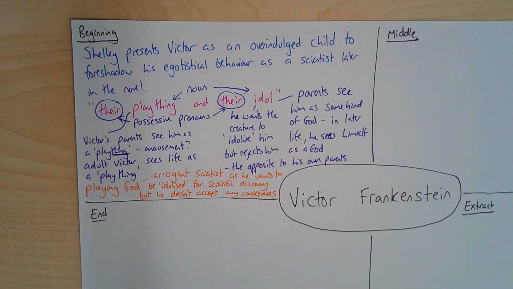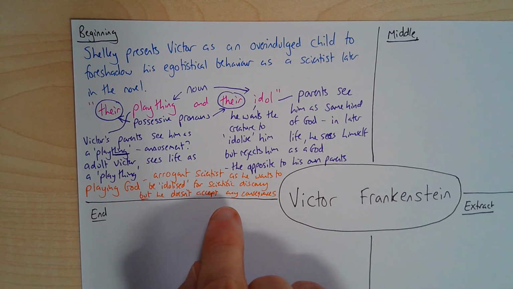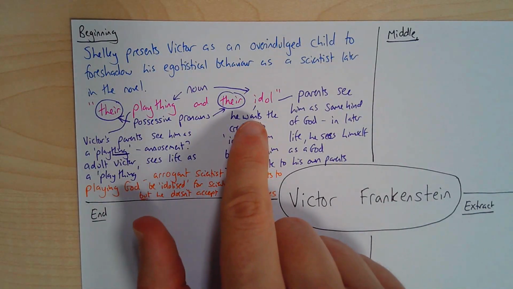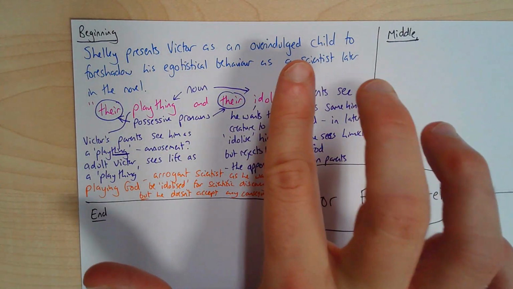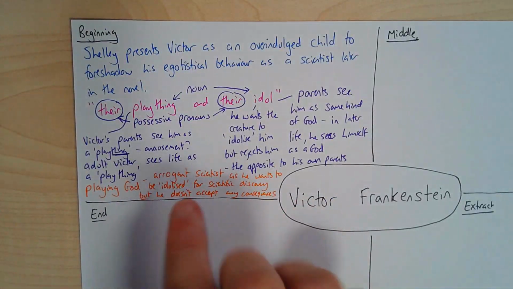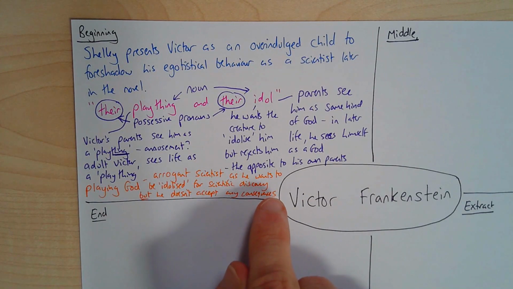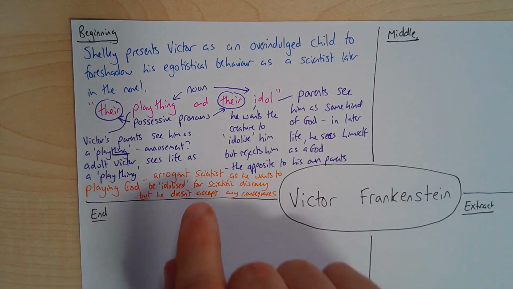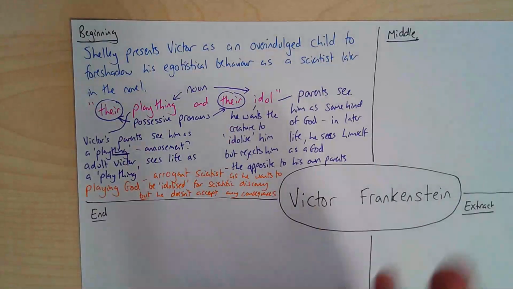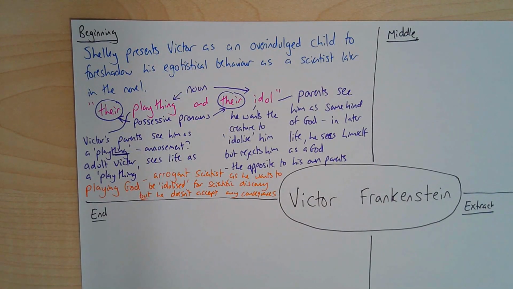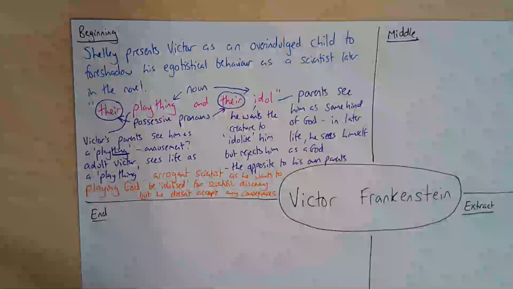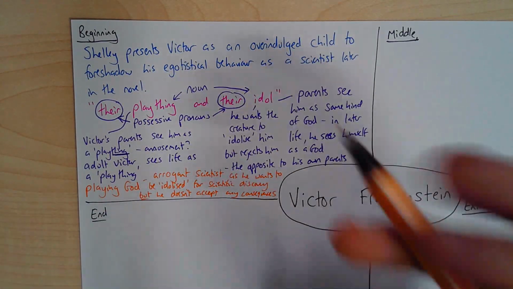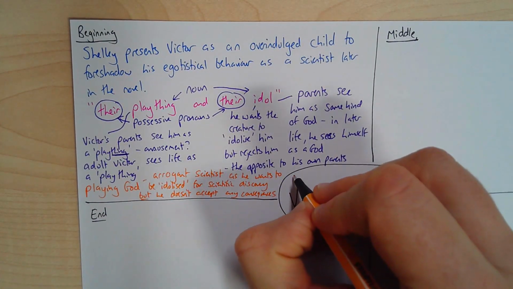This idea that Victor as a child is overindulged, he's overly loved by his parents, and that leads him to become arrogant in later life. He's shown too much love as a child, and that then means that when he grows up, he doesn't know any moral or ethical boundaries, and this is worth writing in. I'm just going to go over the top here.